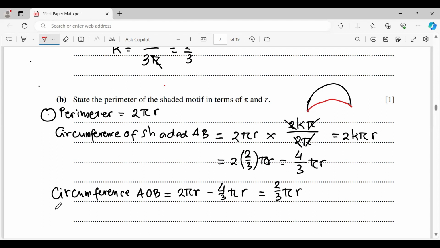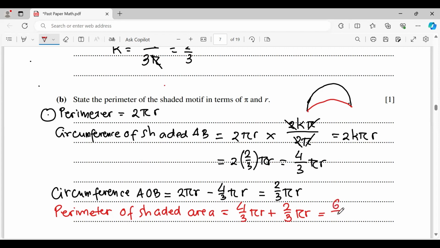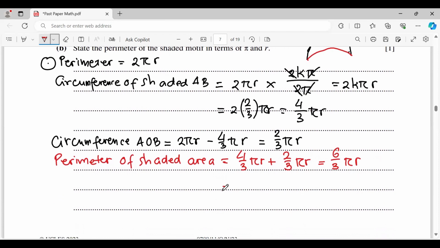So it means the perimeter of the shaded area equals 4/3 pi r plus 2/3 pi r, equals 6/3 pi r. Sorry, 6 divided by 3 is 2, so 2 pi r.